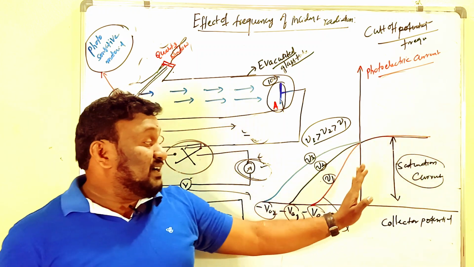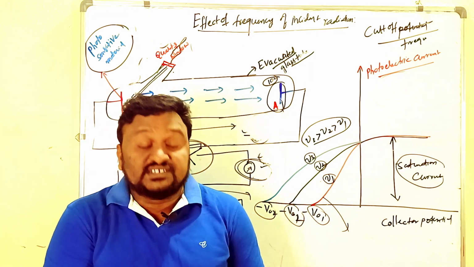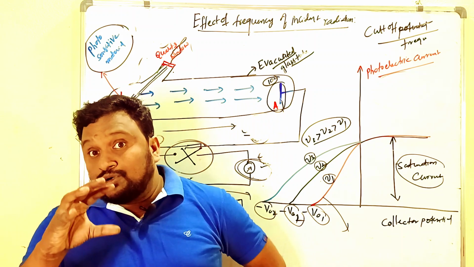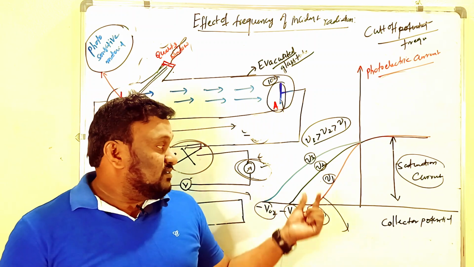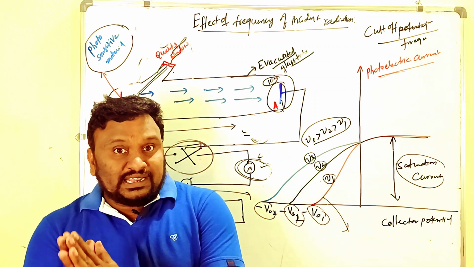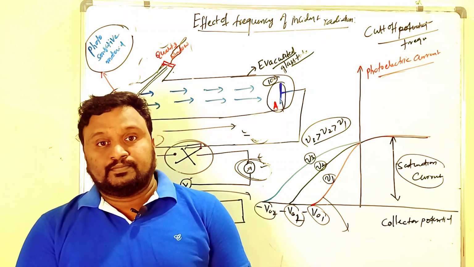So from this graph, the amount of photoelectric current is independent of the frequency of radiation.